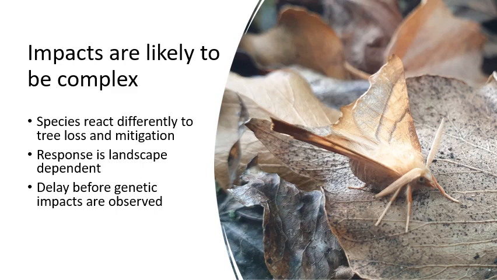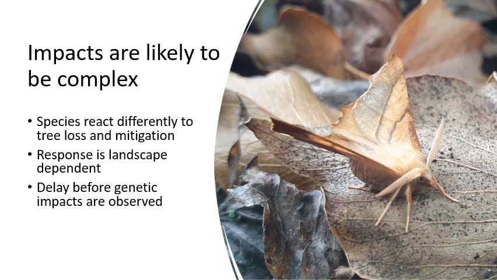And unfortunately for me, during my PhD, I had to deal with the fact that these impacts are likely to be very complex. Firstly, we'd expect different species to react very differently. You can imagine a species that's very good at dispersing will rely less on features outside of woodlands to move between, whereas a species that's not very good at moving between woodlands will really rely on these stepping stone features.